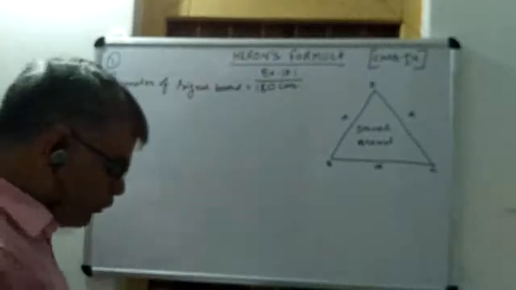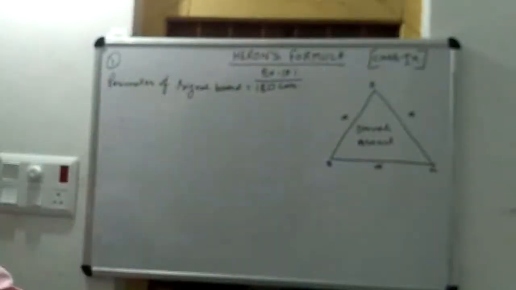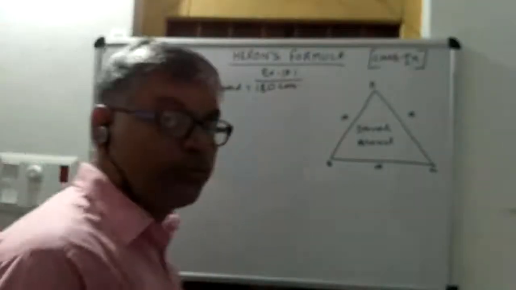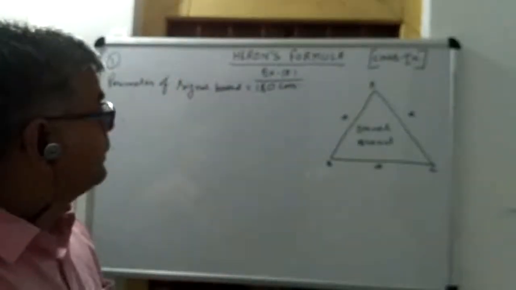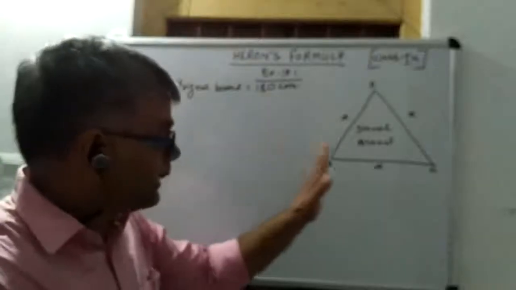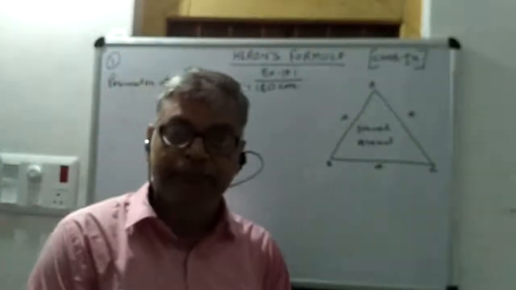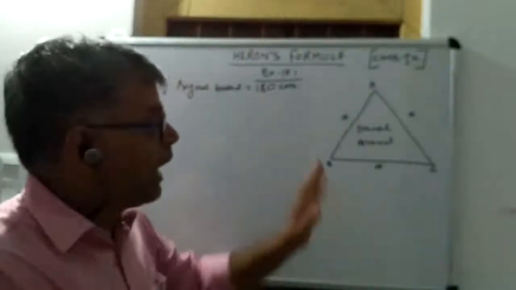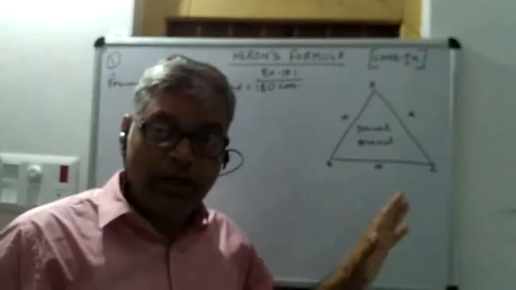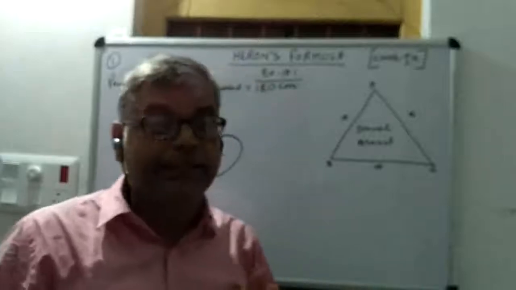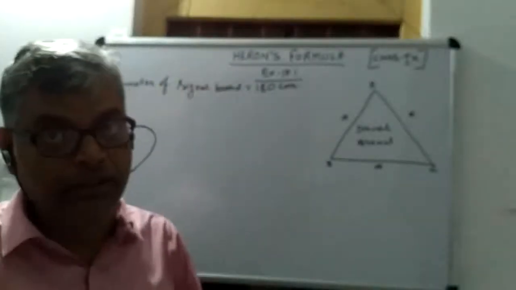Now you need to calculate its area by Heron's formula. It is given that the perimeter of the signal board is 180 centimeters, and that the signal board has all three sides equal. It is a case of an equilateral triangle.